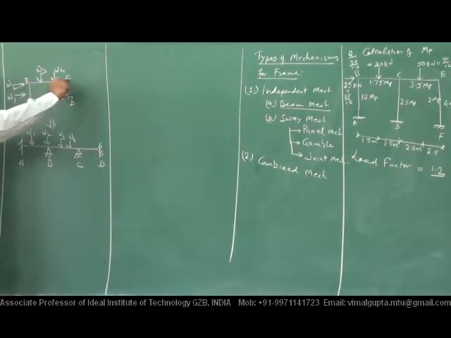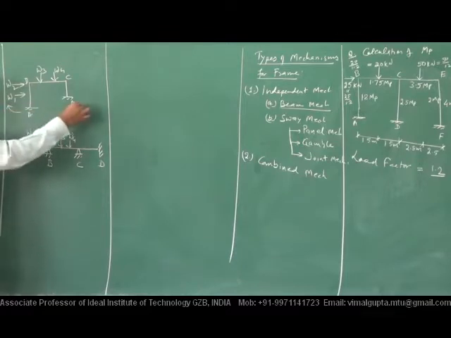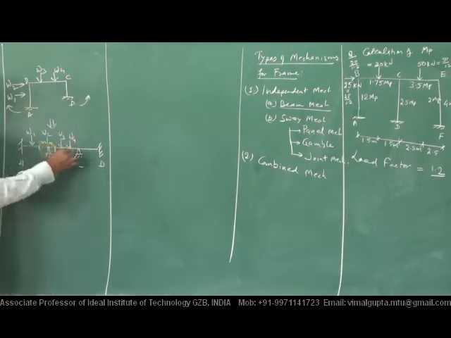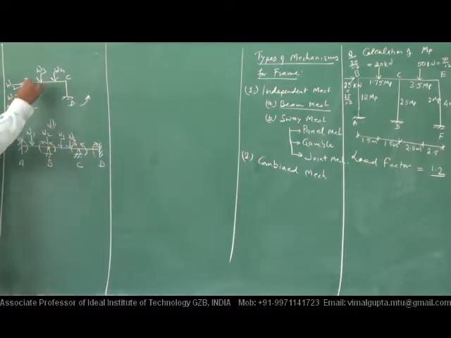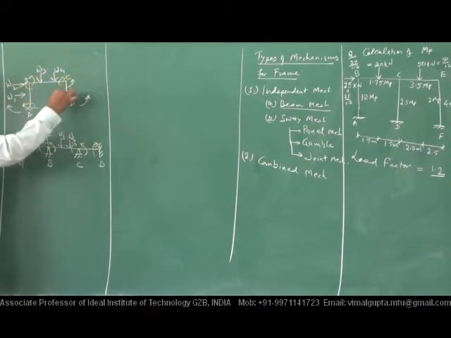This part CD is a vertical leg, that's why it will be a column. Here I have rotated this in that direction, and moments are generated. Because this beam has a moment in this direction, it will also have a moment in that direction. This will be the direction of the moment. Okay.